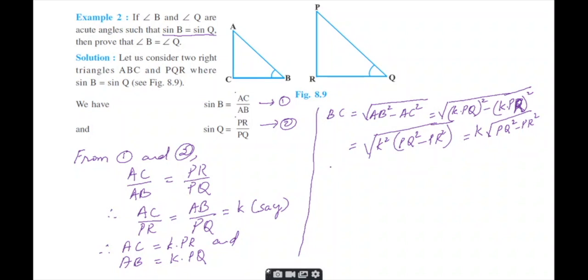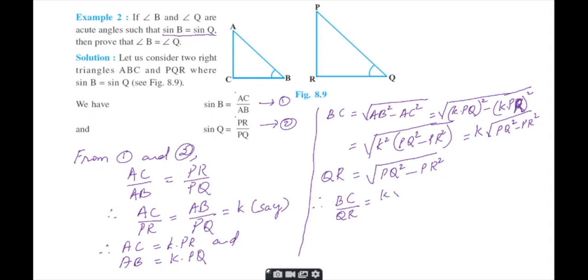Now we shall find QR. QR is equal to, by Pythagoras theorem again, square root of PQ square minus PR square. Therefore, BC by QR is equal to, what was BC?